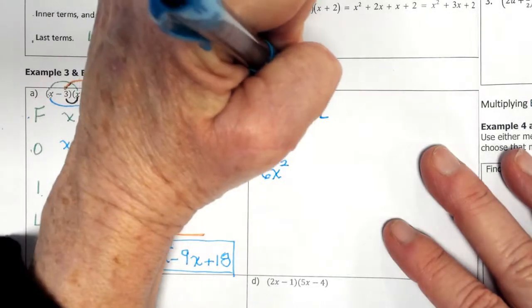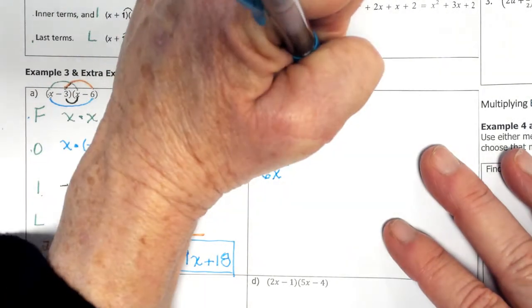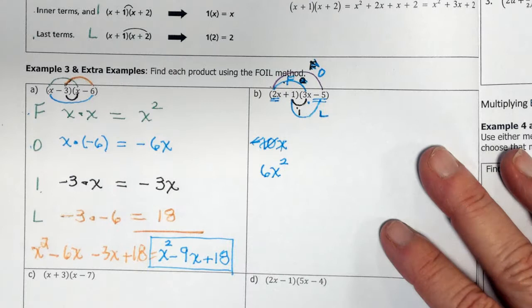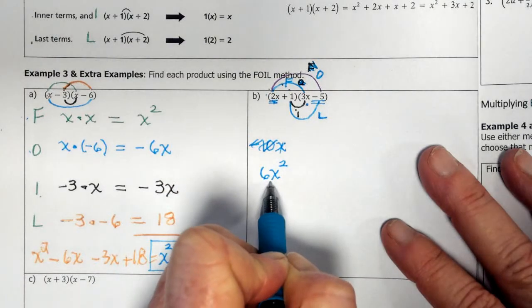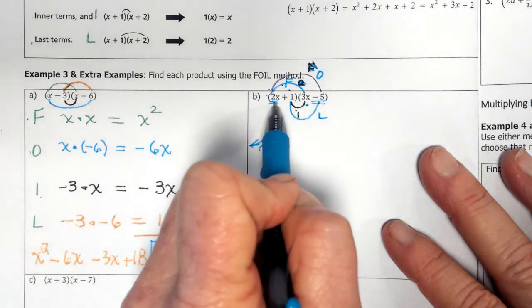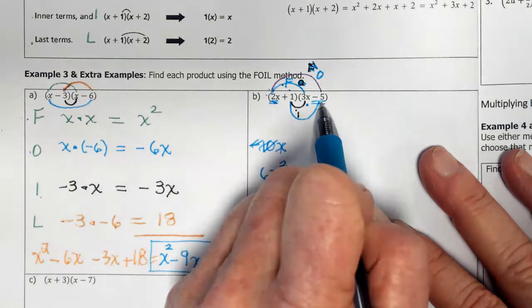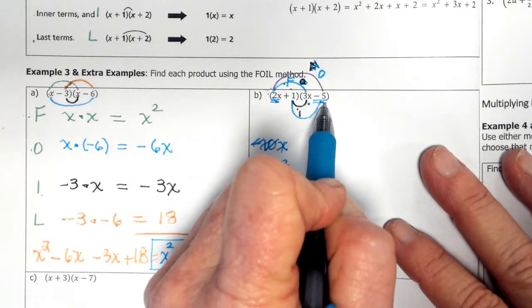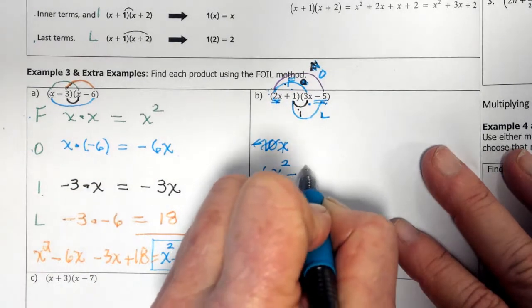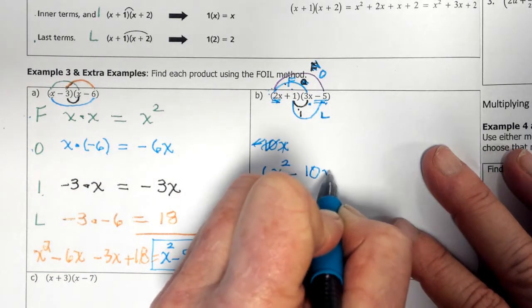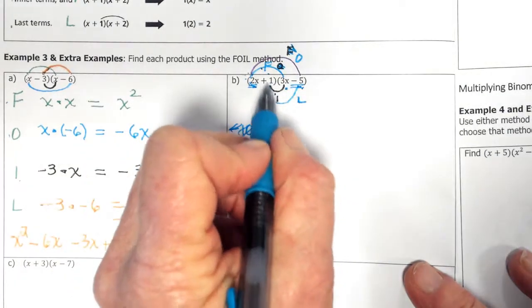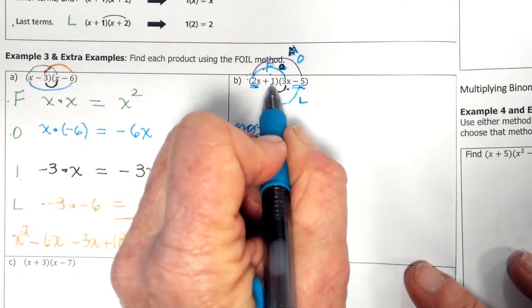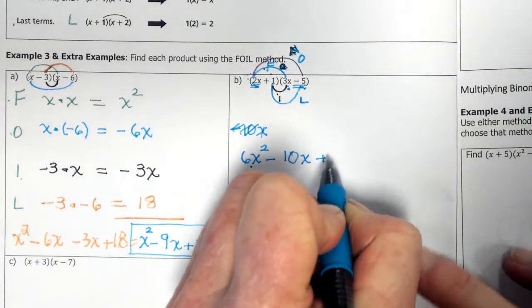These are my first terms. These are my outer terms. So let's try that again. First terms are 2x times 3x, 6x squared. My outer terms are 2x times negative 5, which is negative 10x. Then I'm going to go in for the I, the inner. Positive 1 times 3x is positive 3x.